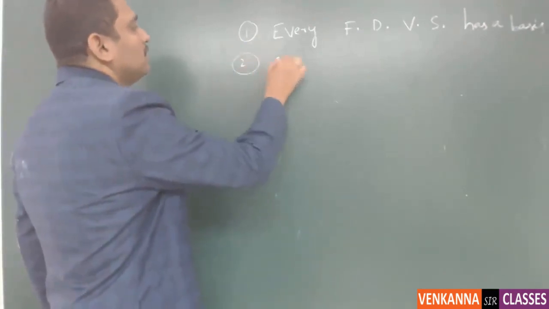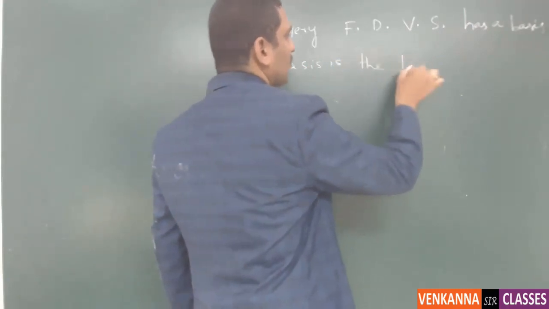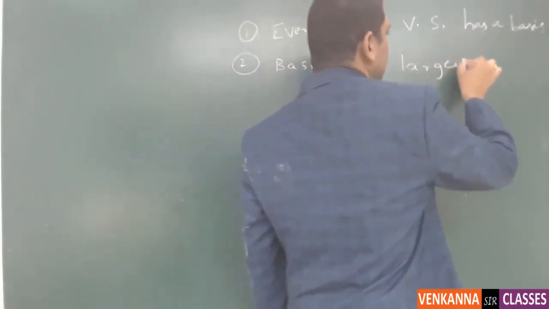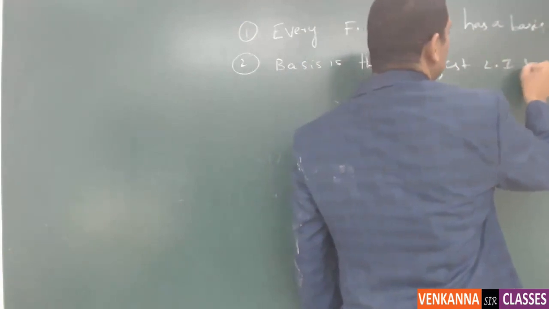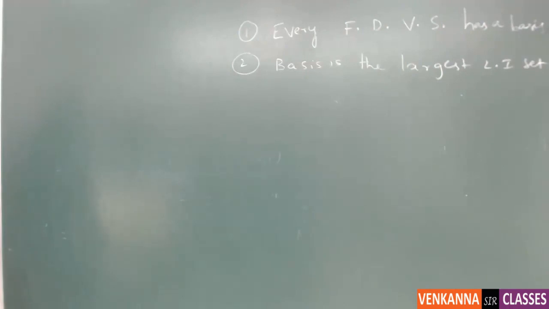Second, a basis is the largest linearly independent set. It means that, let me say, we have discussed R cube. Whatever basis you consider for R cube, it contains exactly 3 vectors. So if you take any set having 4 vectors in R cube, then it is not a basis.